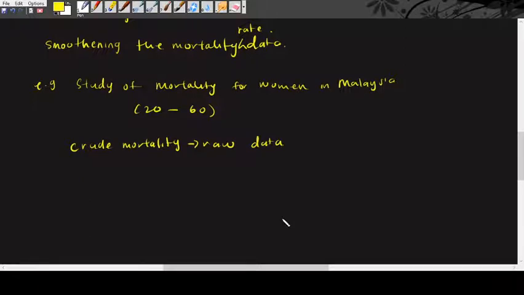For example, the rate of mortality for age 20 may be greater than the rate of mortality for age 21, and may be greater than the rate of mortality for age 22. If this happens, it will contradict the usual mortality rate, which usually increases as age is increasing.